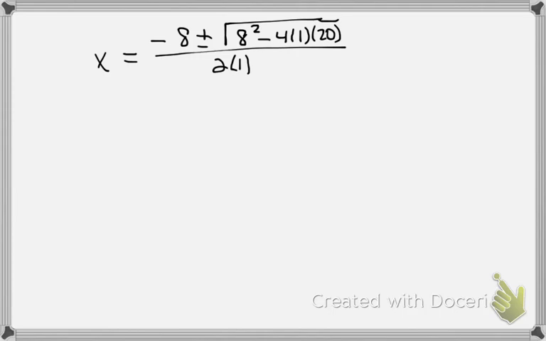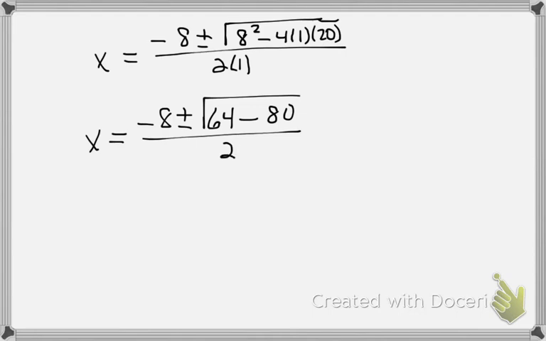All right, so x equals negative 8 plus or minus square root of 64. Gosh, I can't get that to save my life. 64 minus, and that would be 80 all over 2. You guys agree?